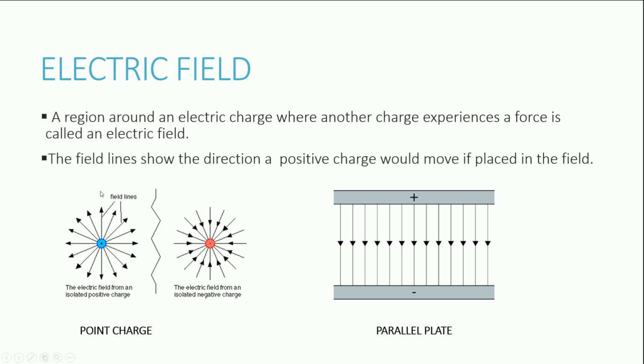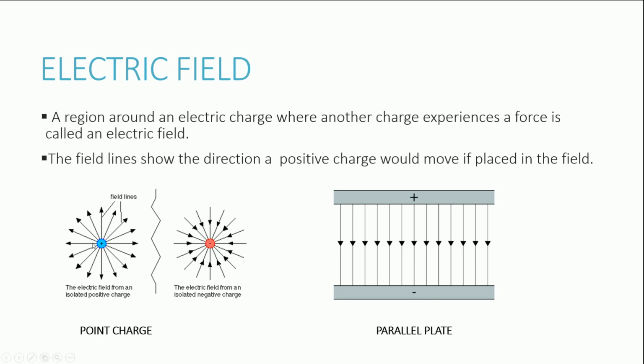So first of all, we're going to be looking at point charges, which is a charge at a single point. If you have a positive charge at this particular single point, you have electric field lines radiating out from the positive charge, because remember, the field lines go in the direction where a positive charge would move if placed in the field, right?